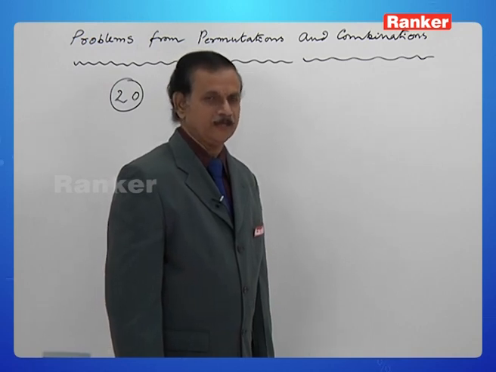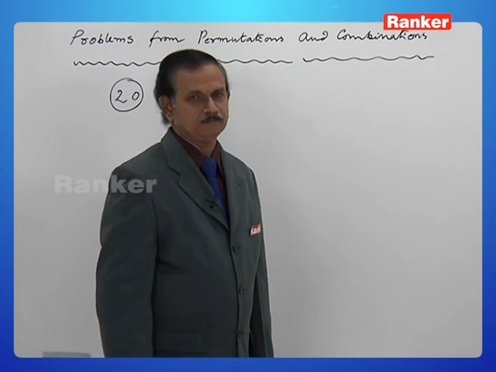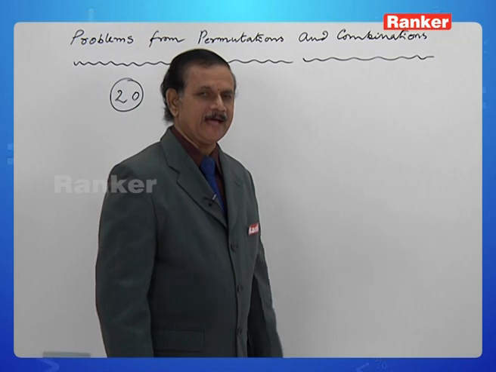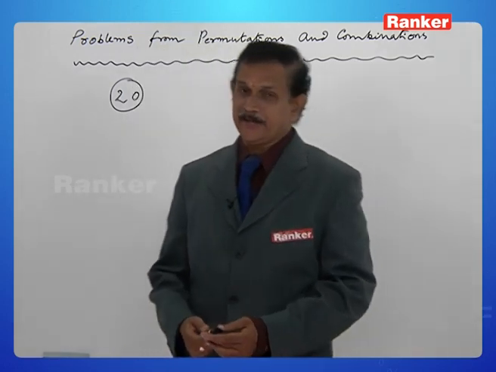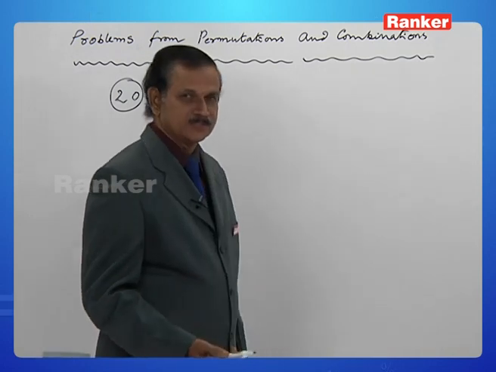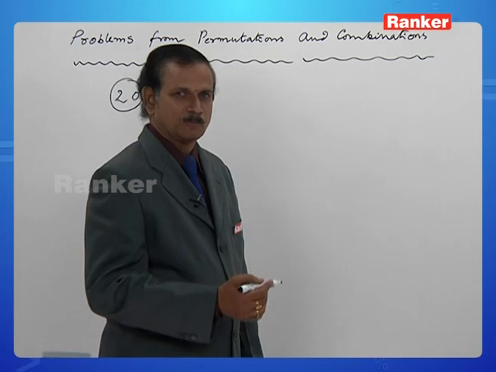2 brothers are there. You leave one brother at a side in the beginning. What is the total number of remaining persons? 19 persons are there, and among those 19 persons, the particular brother A is also present.